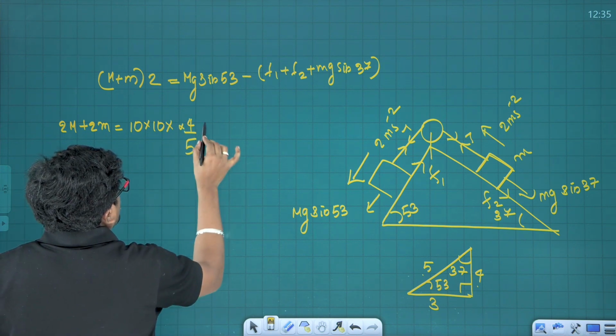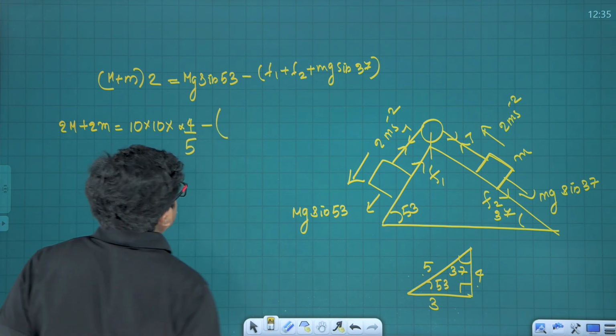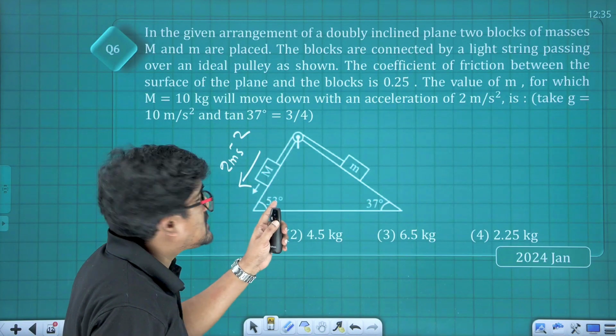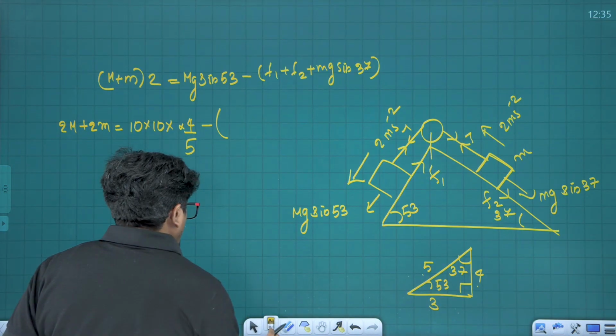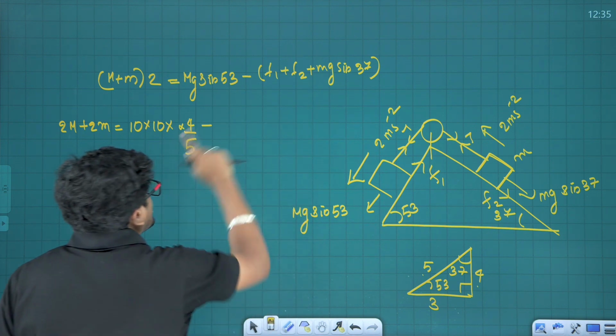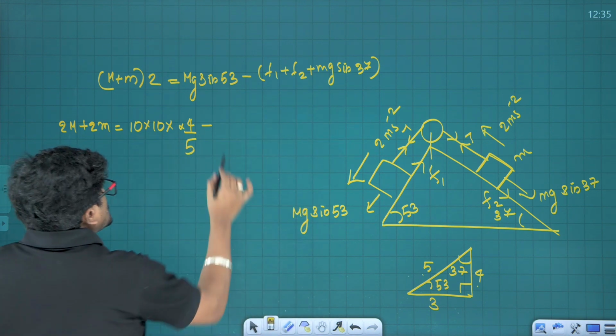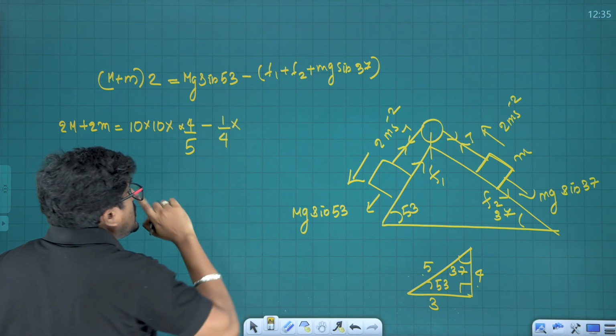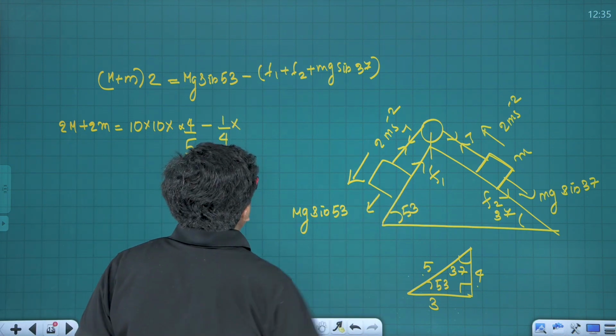4 by 5 minus of, what is mu here? Mu is marked as 0.25. So I am going to mark it as 1 by 4. So this negative will go in and all the values are going to be negative. So minus of 1 by 4, that is mu, into F1. F1 is this.